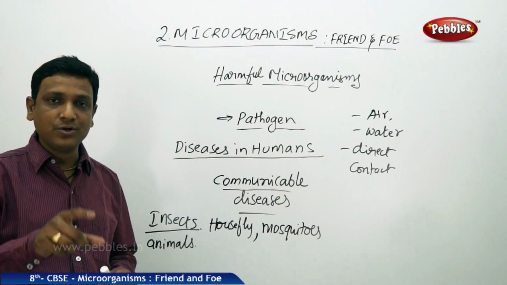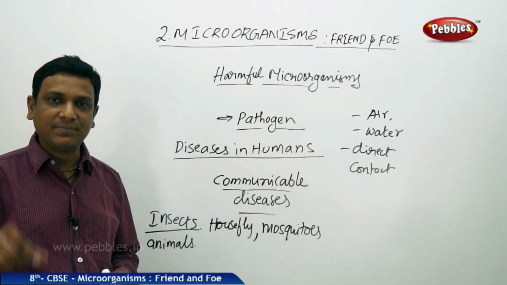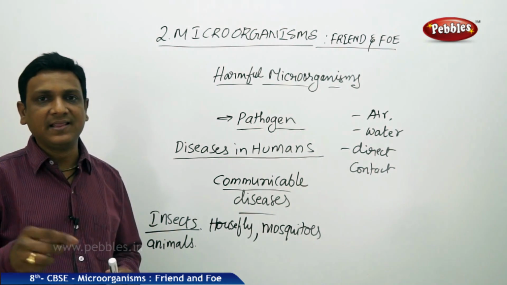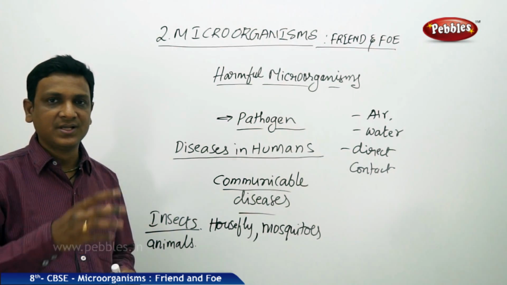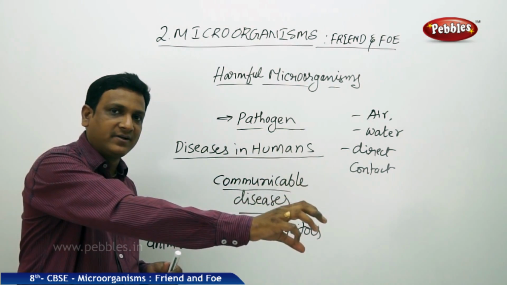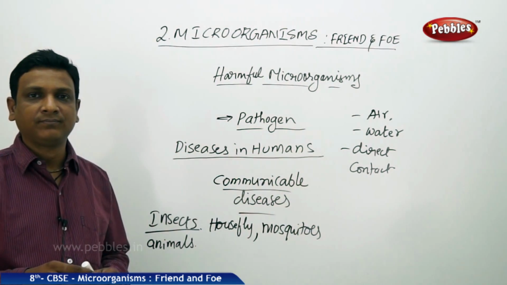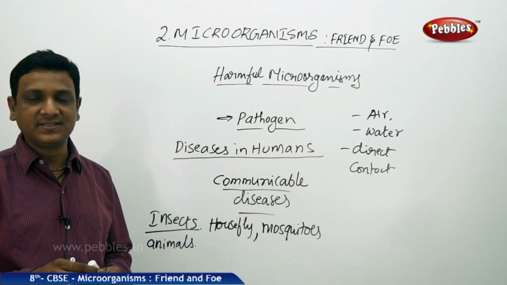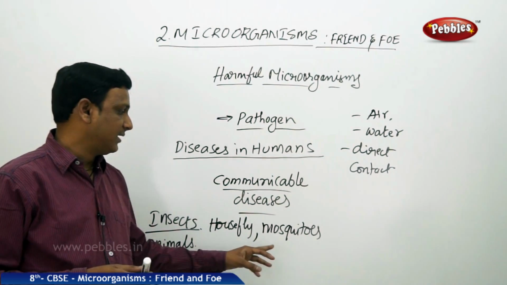If the same mosquito bites another healthy person, the parasite enters the healthy person. That means the mosquito is carrying the germs from a malaria infected person to a healthy person. So mosquito bites are very dangerous as they can carry malarial parasites.